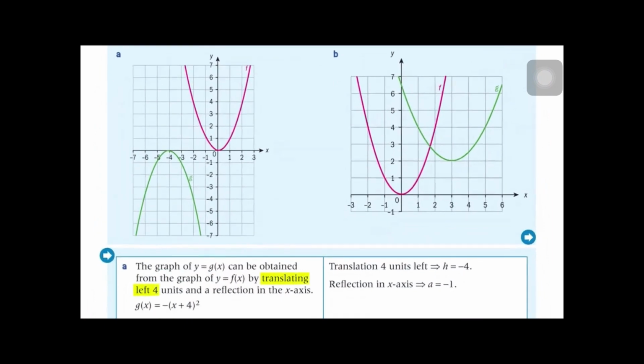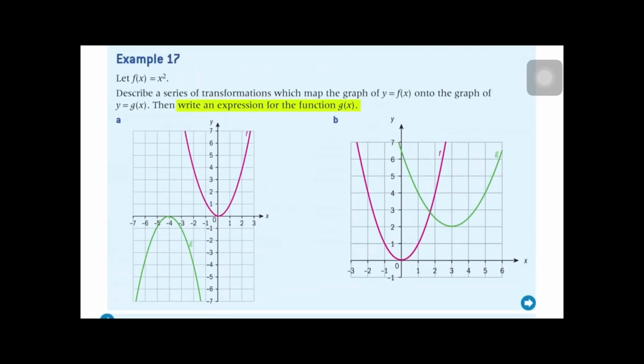In addition to translating left 4, there is a reflection in the x-axis. Notice that the graph of g has the same size as the graph of f, and therefore there is no stretch or compression.